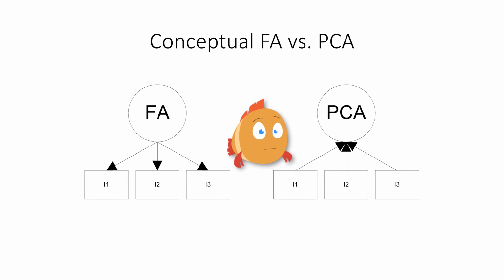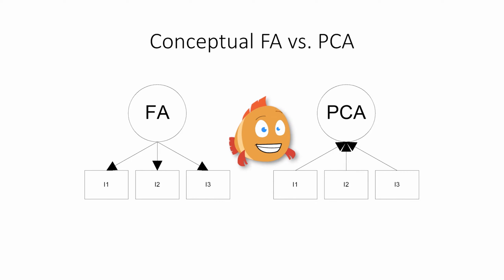I have a diagram to kind of illustrate this with arrows. So for our factor analytic model, the arrows go from the factor to the items. You can see that with the arrows here, because what is happening is the latent factor is causing the responses on the questions.